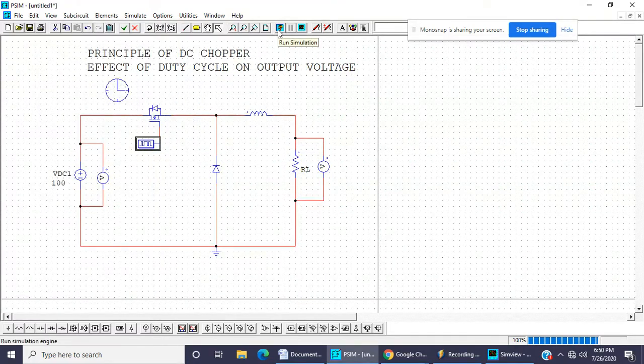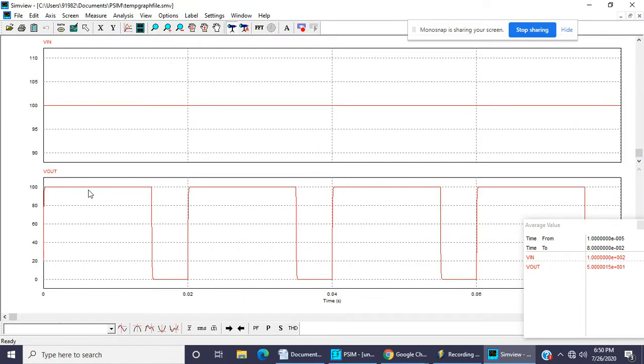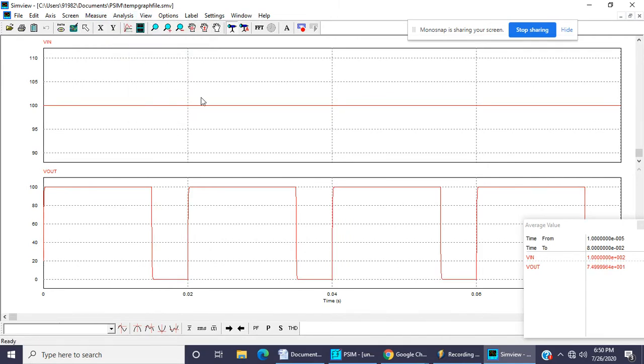So now let us see the waveform. So this is waveform. This is on cycle and this one is off. So average voltage. Now look at this one. 7.499996 e plus 001 means 7.49 into 10 raised to 1 means 74.99.